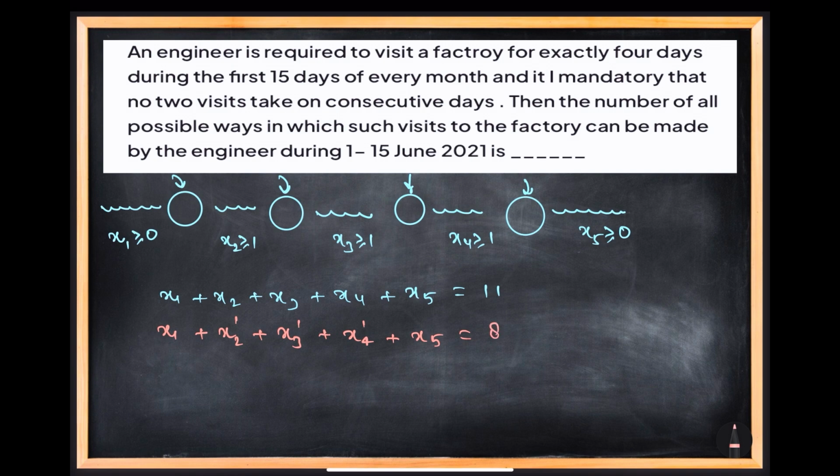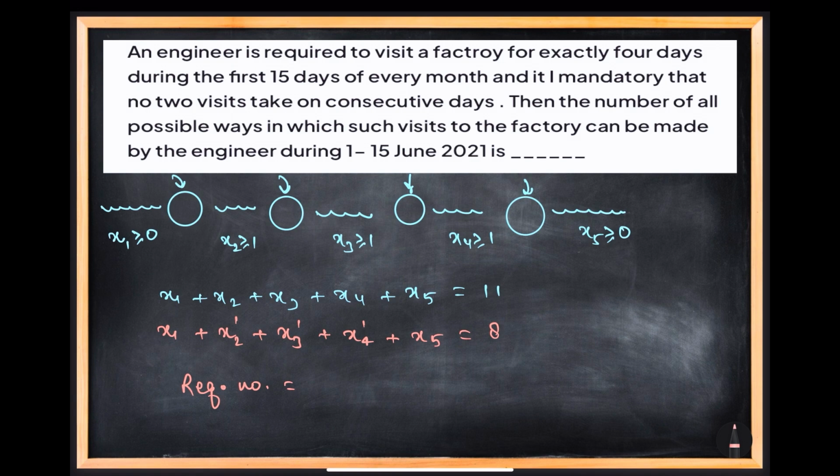Now we have to distribute 8 samosas, which are identical, to 5 people, where 0 is allowed. So what will you do? You can figure out that it is distribution of identical objects to different people. So you will ask me for sticks. How many sticks do we need? One less than the number of persons.